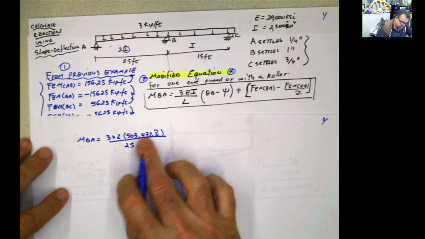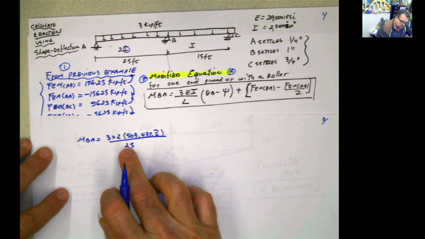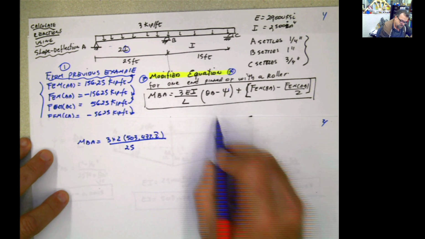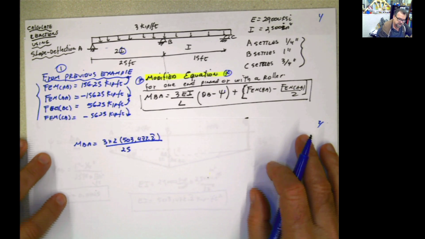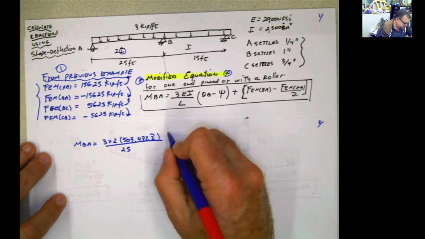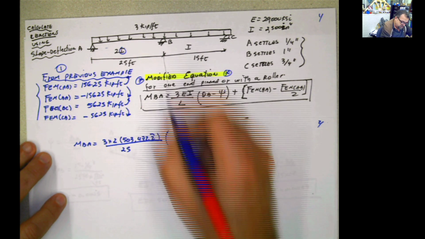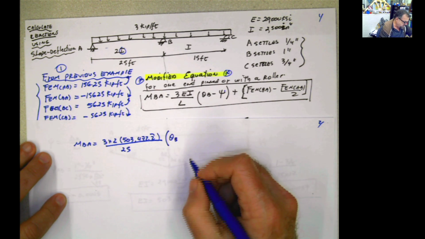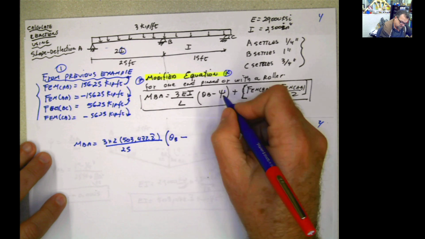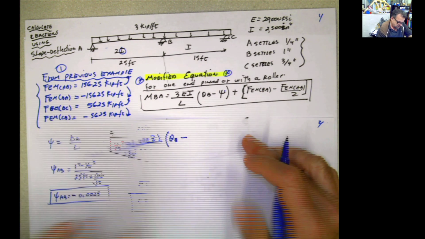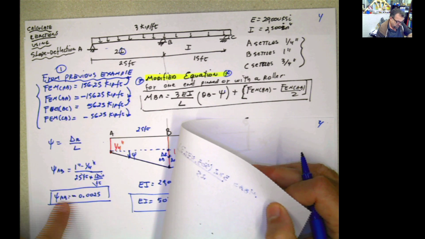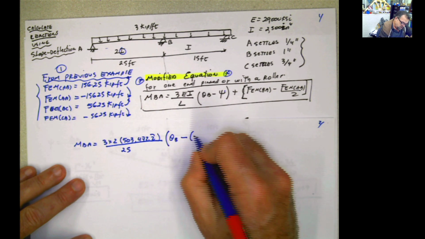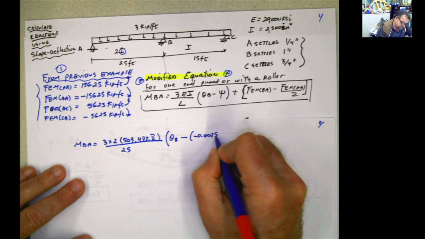Now you see that was kip feet square, now divided by feet, I have kip feet, the units for moment, because the rest is just rotation, in radians. Multiplied by rotation at B. The rotation at B exists. Minus psi, the rotation of the chord AB, which is negative here. So minus 0.0025.